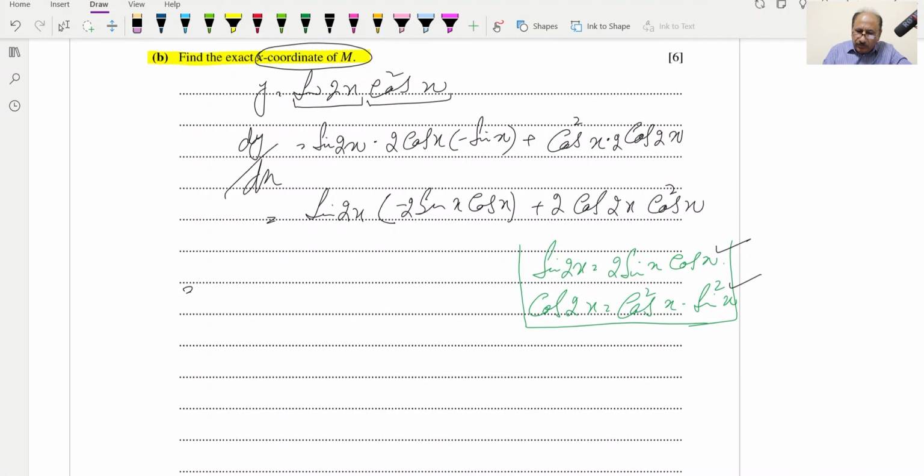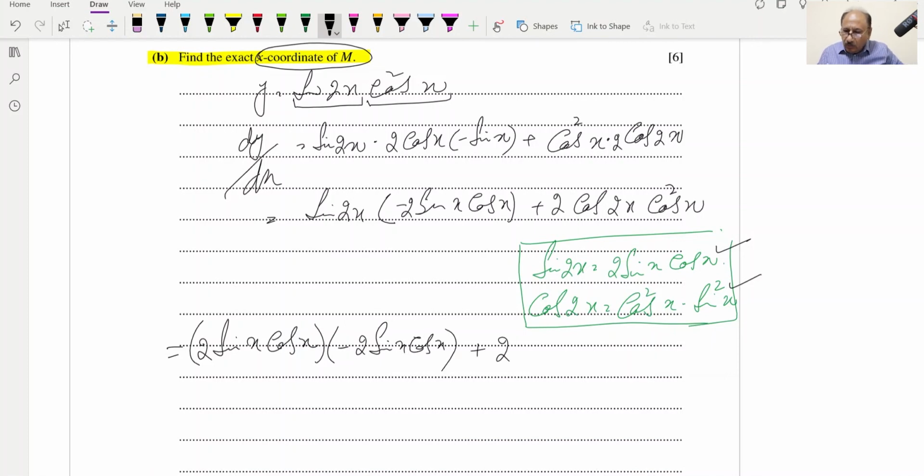So these two values we will replace over here, and we will get sine 2x, this will be 2 sine x cos x, and second is minus 2 sine x cos x, and plus this will be 2, and cos 2x will be replaced by cos square x minus sine square x into cos square x. Further, now we can put this one equal to 0.